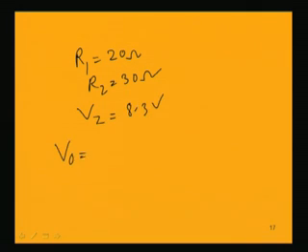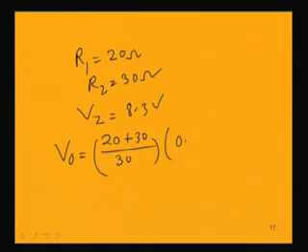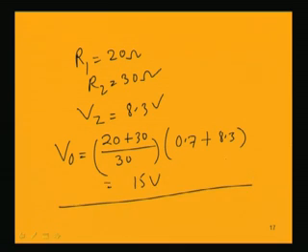So, at what voltage is the output voltage maintained? It is 20 plus 30 by 30 into VBE, which is 0.7, plus 8.3, it is 15 volt. So the output voltage is maintained at 15 volt constant, and the change or fluctuations which may arise due to change in the supply voltage or the load current change, that is taken care of by this transistor.